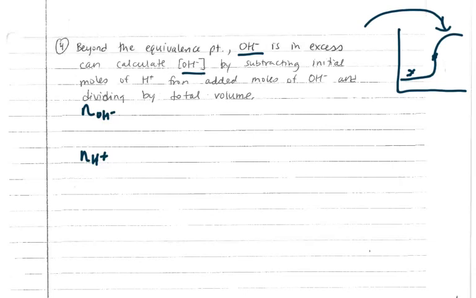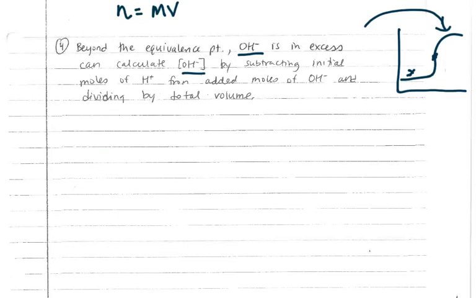All right, so in general, as we just saw, moles of something equal the molarity, the concentration, times the volume. I guess I need to give you an example problem here.